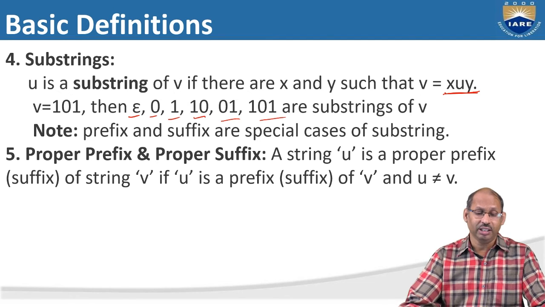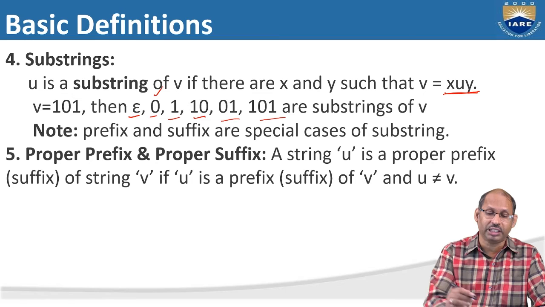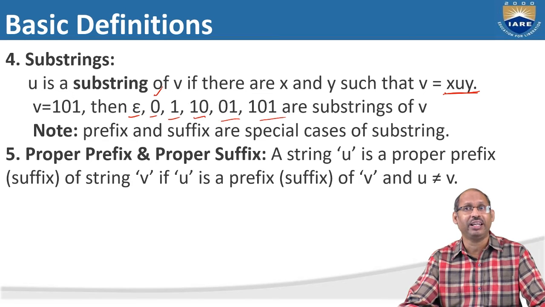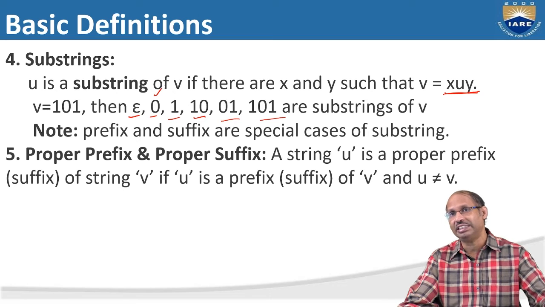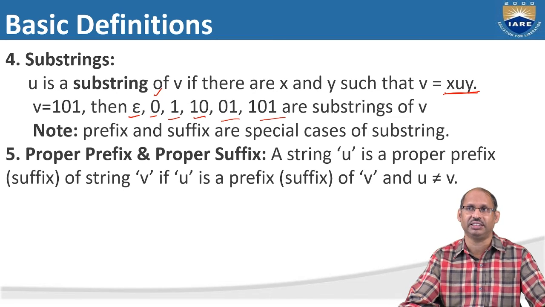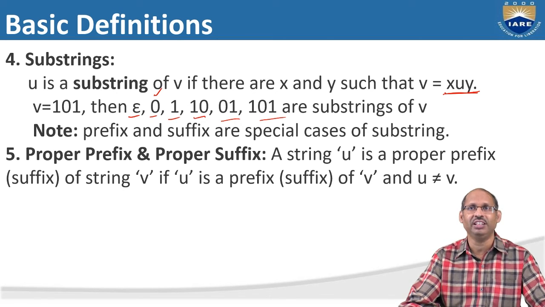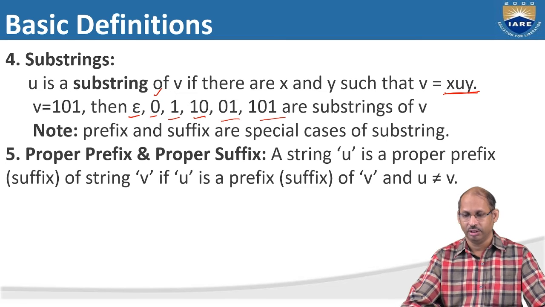Here, epsilon is a substring, but it cannot be a suffix or prefix. But all suffixes and prefixes are substrings of the given string.